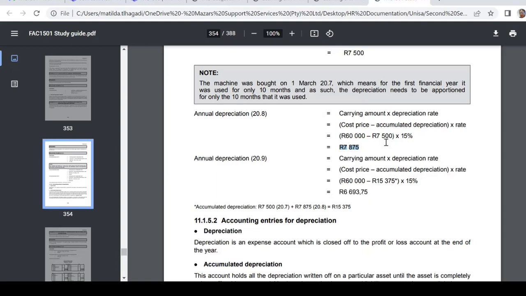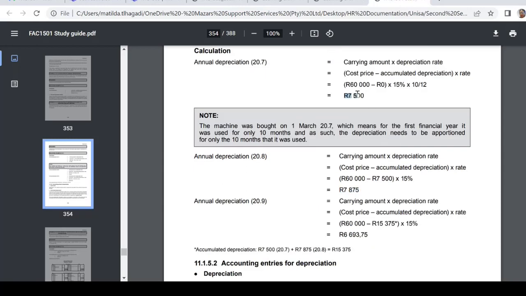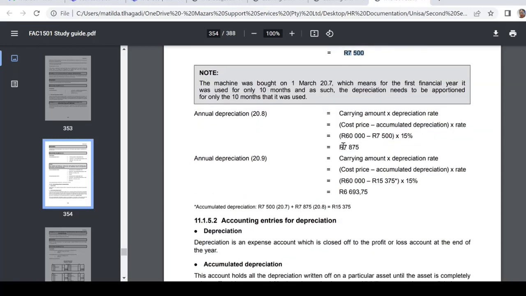As at the end of December 20.8, accumulated depreciation is 7,500 plus 7,875, which is 15,375.